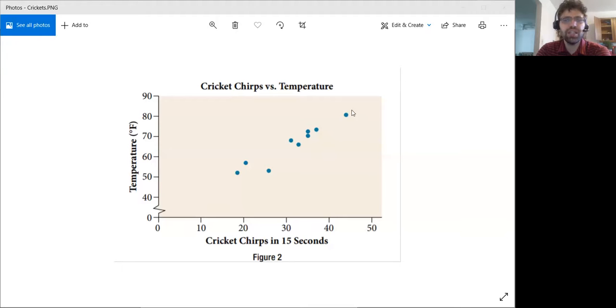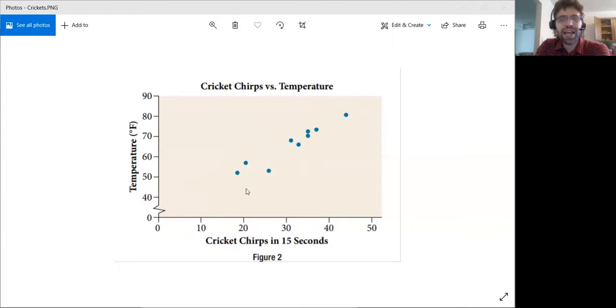So we can see in general the trend I already verbally stated. The hotter it is, the more the crickets are chirping. Or conversely, the more cricket chirps you count, the hotter it probably is.